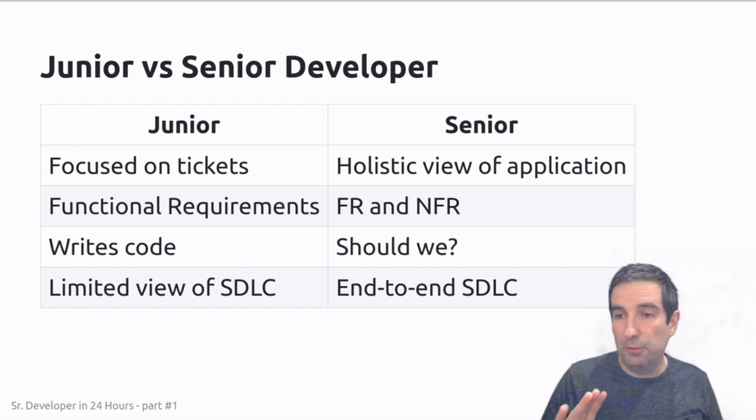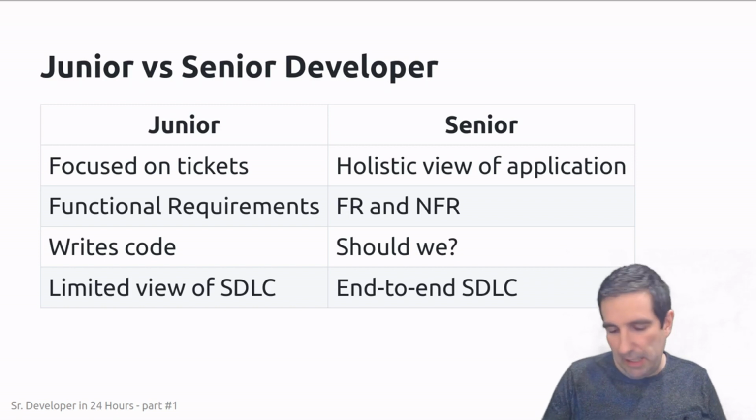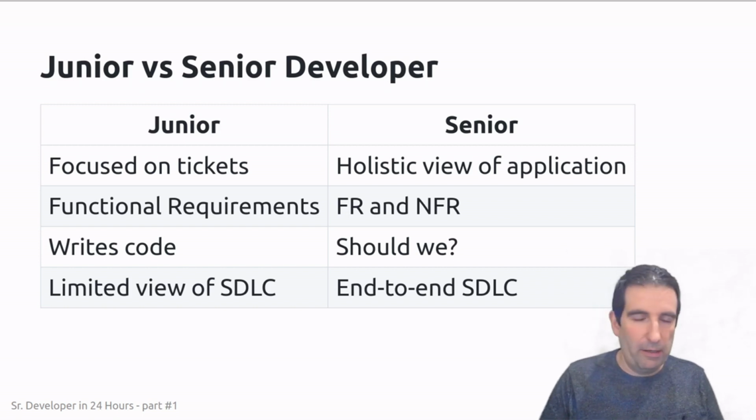Okay, so a junior developer is somebody that is focused on tickets. They take a ticket, they start working on it, they commit some changes, they get those changes approved, they close the ticket, and then they pick up another ticket. Now, a senior developer will spend a very large part of their day also picking up tickets, working on them, and closing those tickets.